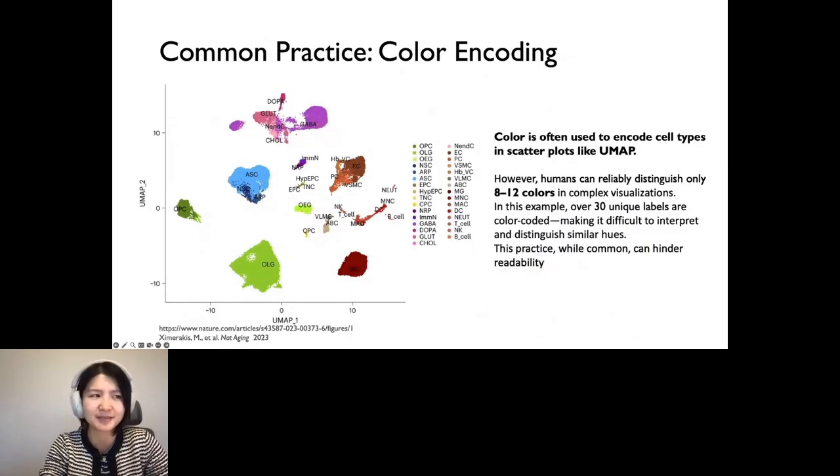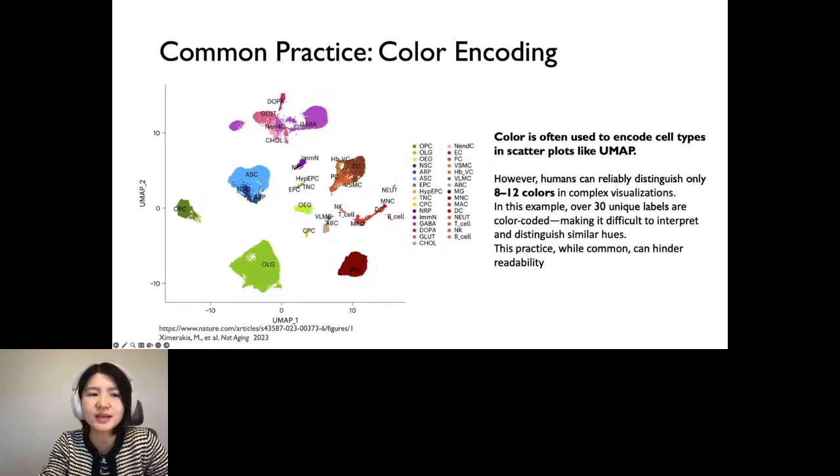We also see something that might be improved, and the most common thing is the use of color encoding. Color is often used to encode different cell types in scatter plots such as UMAP. However, we know that humans can only reliably distinguish about 8 to 12 colors in complex visualizations.